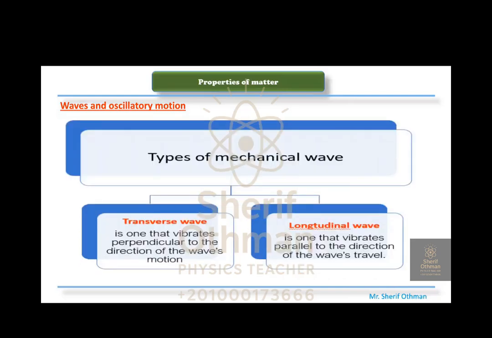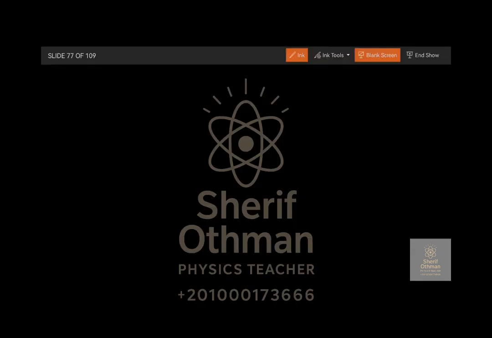Mechanical wave depends on the medium particles' vibration, guys. We have two types of mechanical wave. One of them is called transverse wave and the other one is called longitudinal wave. Transverse wave is when the medium particles vibrate perpendicular to the wave direction.